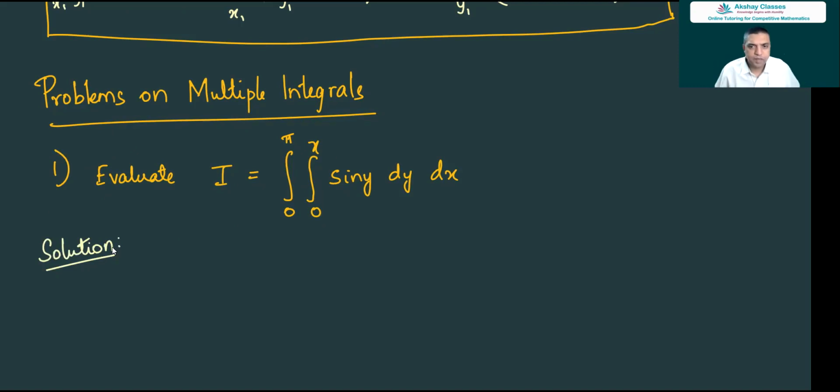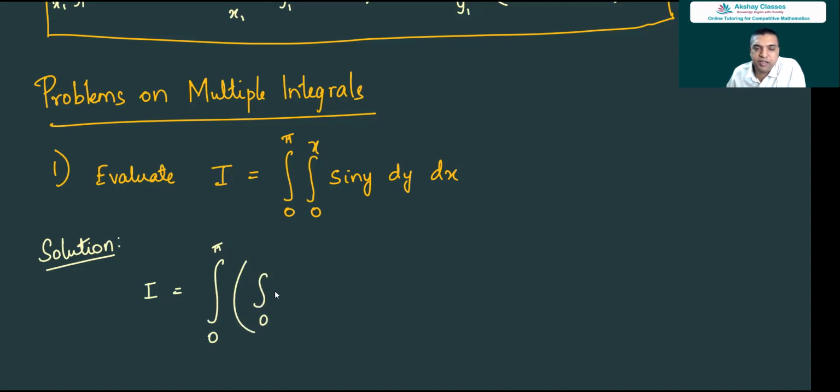So how will this be? Now, see this. So this is a function of x. So y is a function of x, y1, y2. So y2 is a function of x, and x1, x2 are constants. So first we'll have to integrate with respect to y.